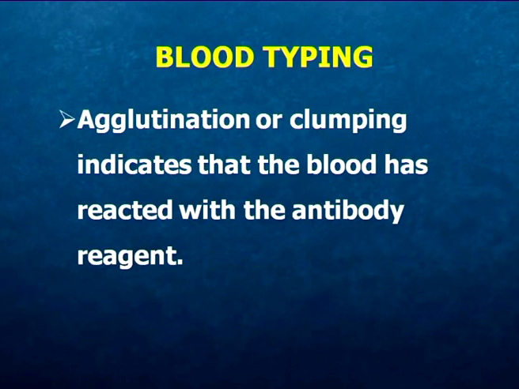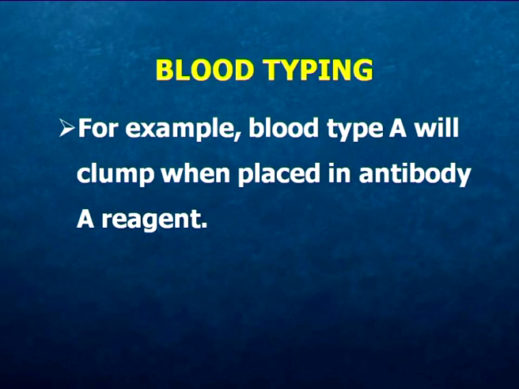Now, agglutination or clumping of RBC indicates that the blood has reacted with the antibody reagent, and it becomes an incompatible blood transfusion if such a transfusion is attempted.